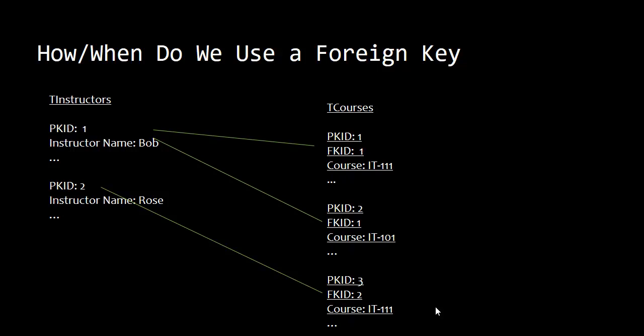I probably, over the course of my career at Cincinnati State, have taught, I don't know, a couple hundred courses. So I would have 200 rows pointing back to me accordingly. Does that help? Does that make sense a little bit? So what we're going to do physically is go to that courses table and literally add the foreign key that points back to the primary key of the instructor table. What do you think? I hope that makes sense.